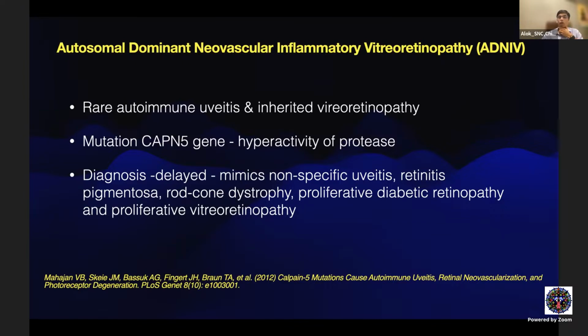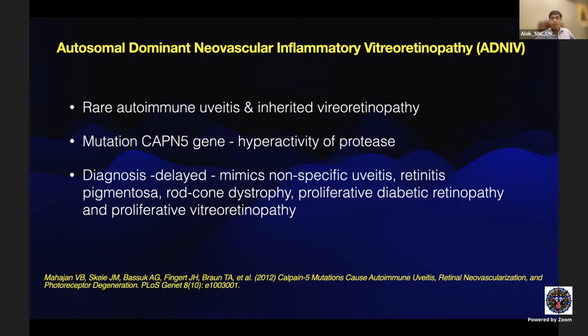So this is a rare autoimmune uveitis with inherited vitreoretinopathy, and it is caused because of mutation in the CAPN5 gene, which codes for a cysteine protease. And the hyperactivity of this protease leads to photoreceptor degeneration or loss. And this can be confused with non-specific uveitis, retinitis pigmentosa, or even proliferative retinopathies.